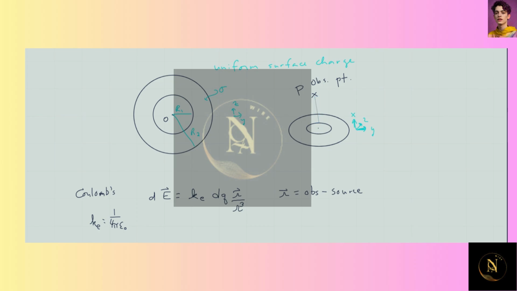Yeah, sometimes getting the drawing right is the hardest part. Okay, so our observation point is up along the x-axis. And like I said, it doesn't matter whether that is beneath the washer or above it. Its coordinates are x, 0, 0.